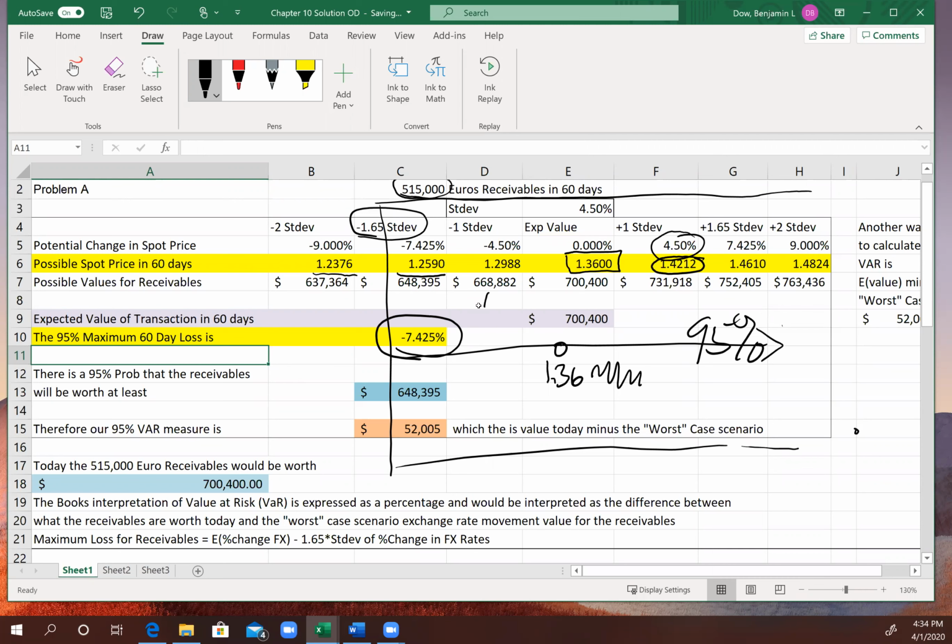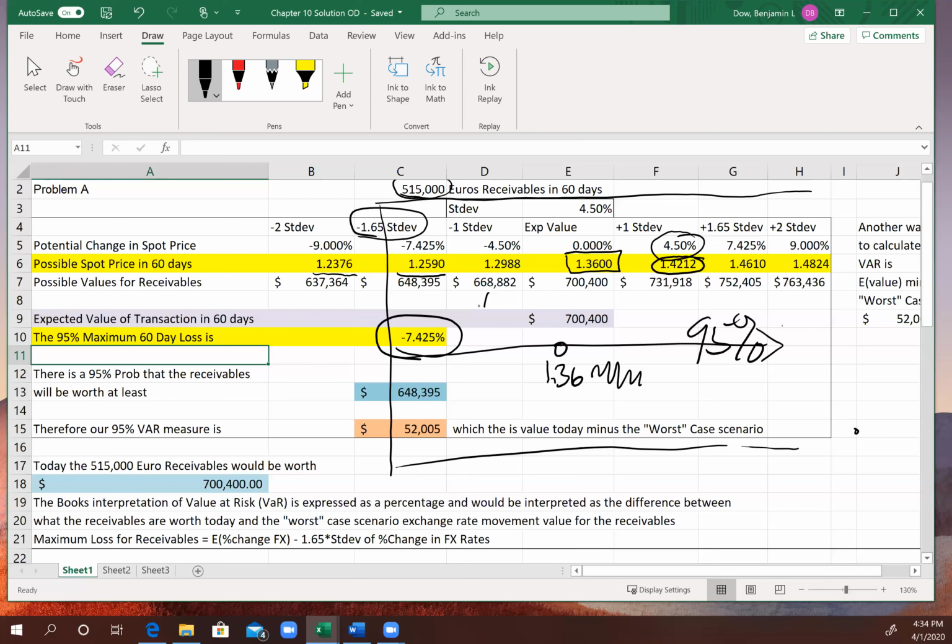But the 7.425% is basically our worst case scenario, that the euro weakens by 7.425%. What you're trying to figure out is, the euro can go up or down over time. We just want to figure out what's the worst case scenario that it goes down. But the worst case scenario is that it goes to zero. But it going to zero isn't going to happen. So we just have to define the bad case scenario.